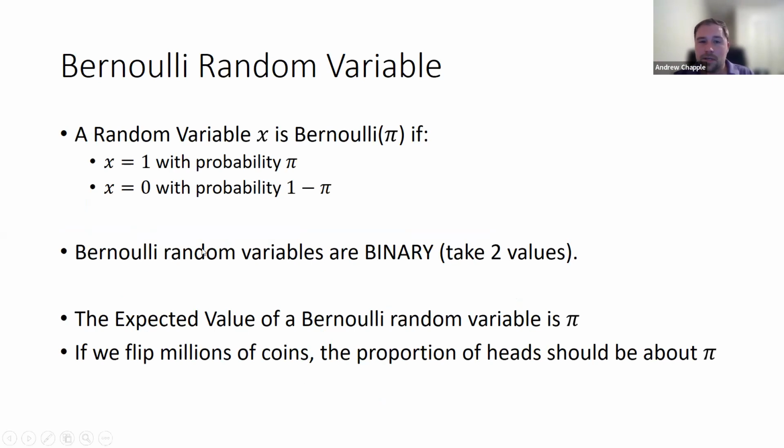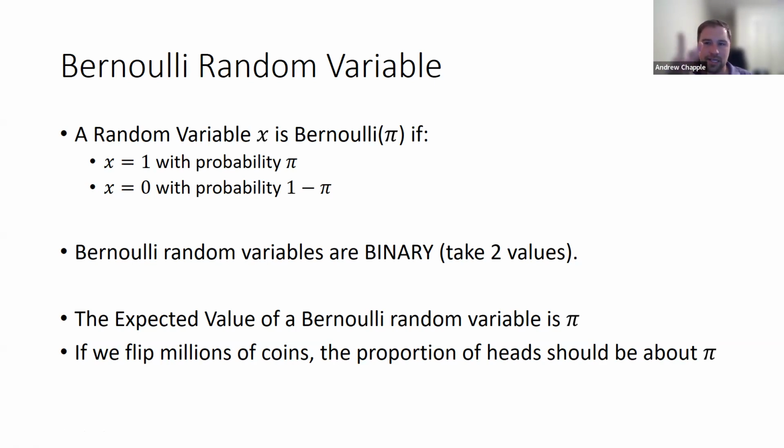Bernoulli random variables. A random variable X is Bernoulli(pi) if X takes the value 1 with probability pi, and X takes the value 0 with probability 1 minus pi. Bernoulli random variables are binary, which means they take 2 values. You might be familiar with coding language, binary code, that kind of stuff.